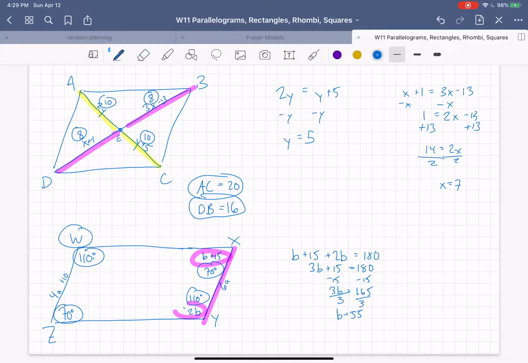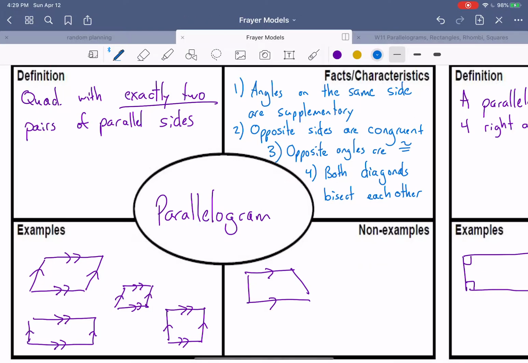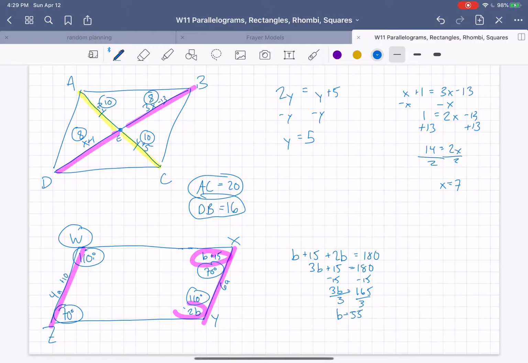Now let's see what we can do with our sides. So if we look at this, we have that 4A plus 10. And the only property from our notes says opposite sides are congruent. WX and ZY are opposite, they're congruent, which means we set them equal to each other, and then we can solve for our variable.